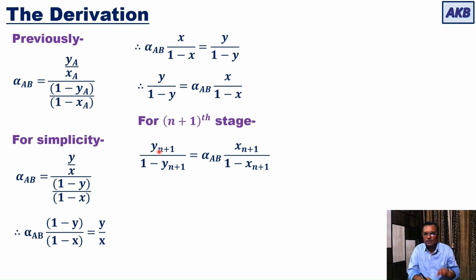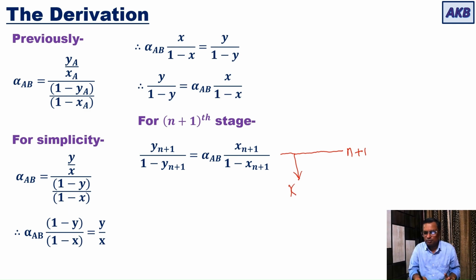So, yn plus 1 in this case is the mole fraction of A in the vapor phase leaving the n plus 1 stage, and xn plus 1 is the mole fraction of A in the liquid phase leaving the n plus 1th stage. If you have to show it with the help of a simple schematic, if this is the n plus 1th stage, then you have the liquid leaving it.